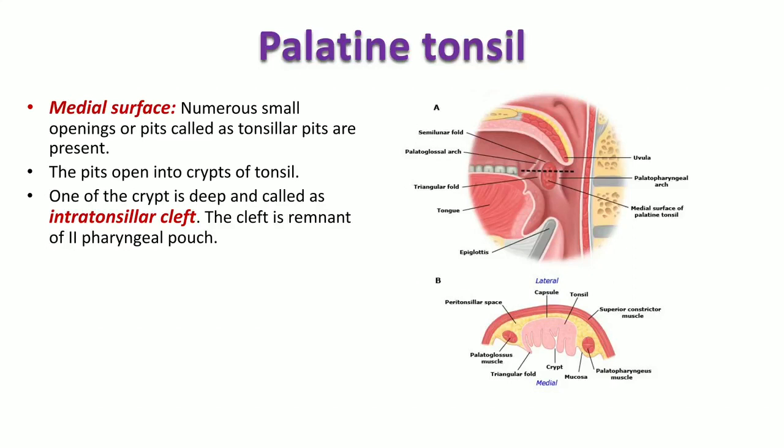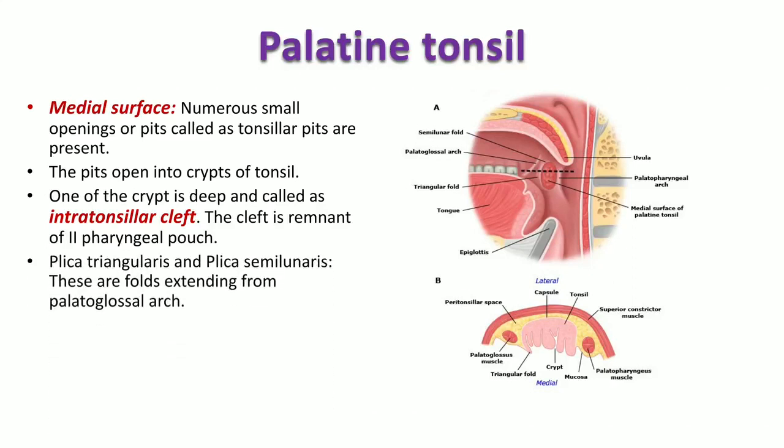Then you also see some embryological folds, the plica triangularis and the plica semilunaris, which extend from the lower part and upper part of the palatoglossal arch. But in adults, these mucous folds are represented by the lymphatic follicles.